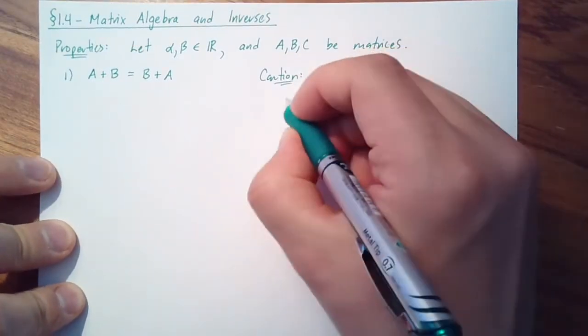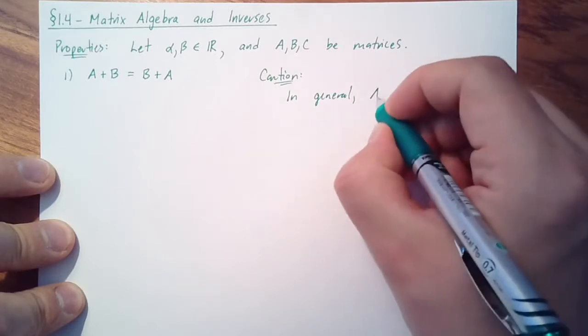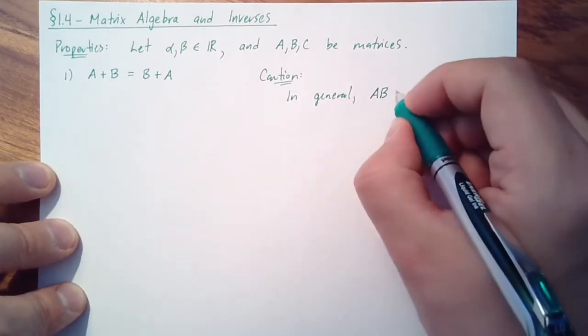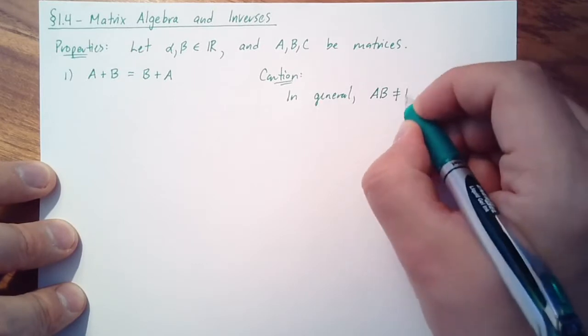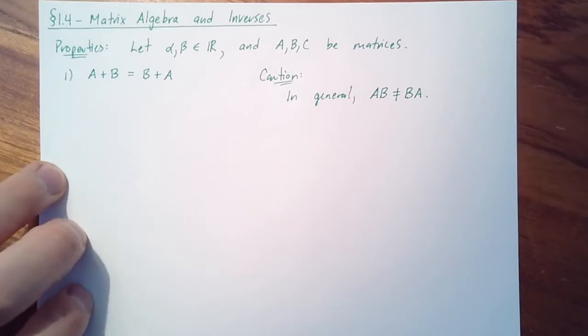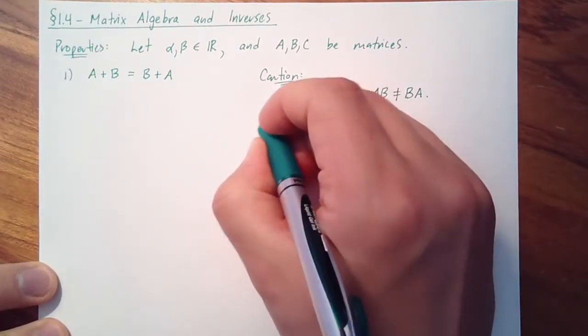In general, if I multiply two matrices A and B, that's not necessarily going to give me the same result as if I multiplied them in the other order, with B as the factor on the left.